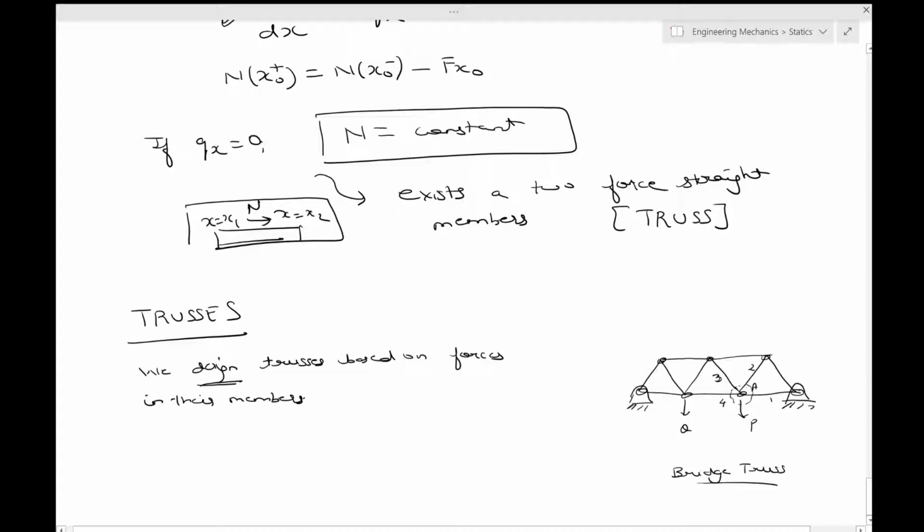The important part about this bridge truss is that the ends are connected to other members or to foundation. So this is the foundation, and the other members, for example, these are the joints.